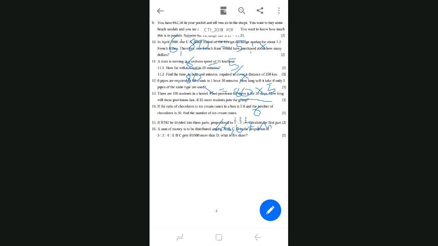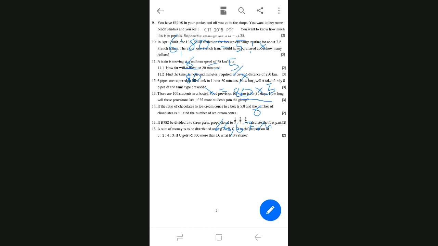Okay, no, sorry, it's a direct proportion. 6 pipes fill in 80 minutes. So if 6 fill in 80 minutes, 5 will fill in how many minutes? So the more the pipes, the more the time.